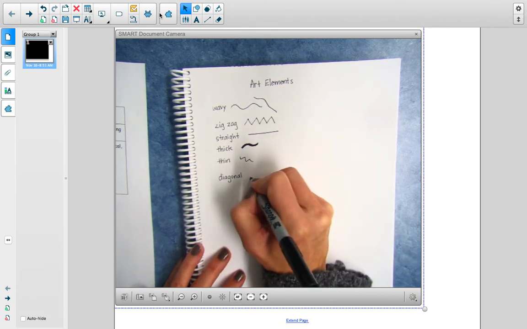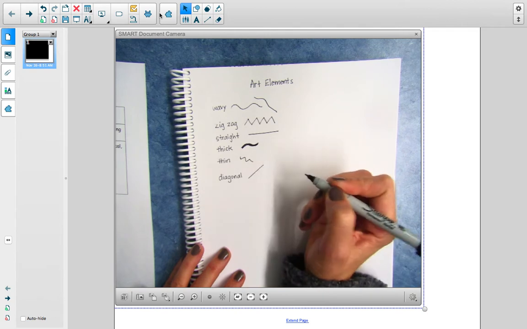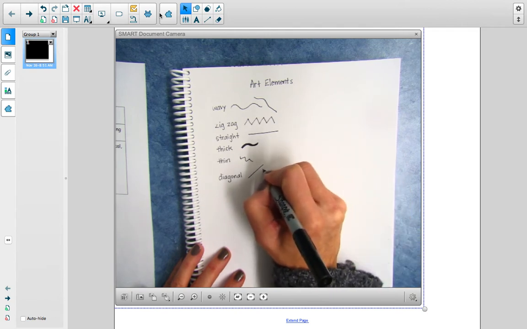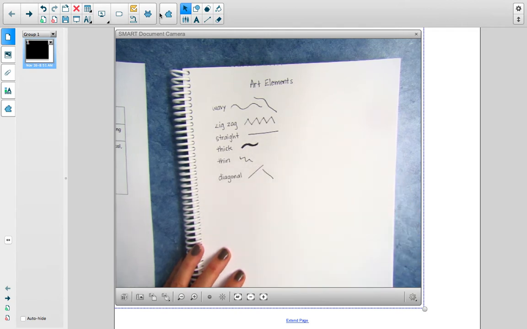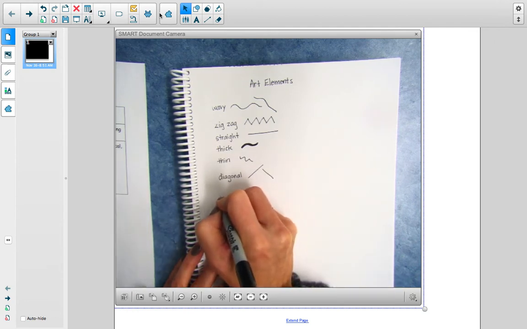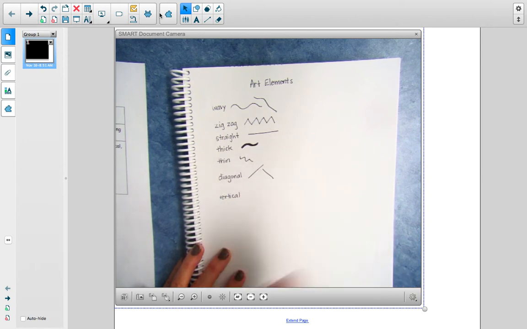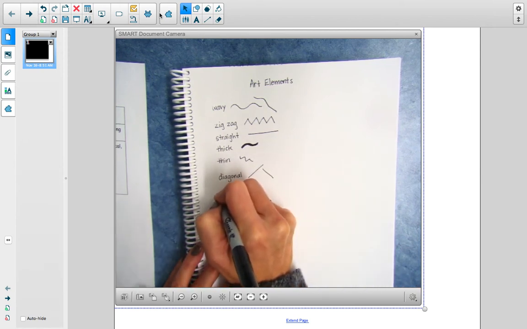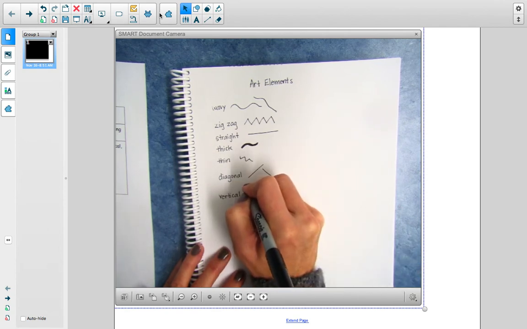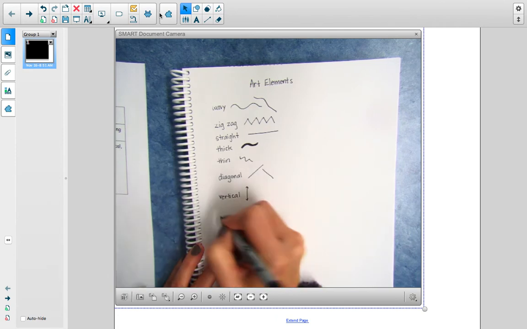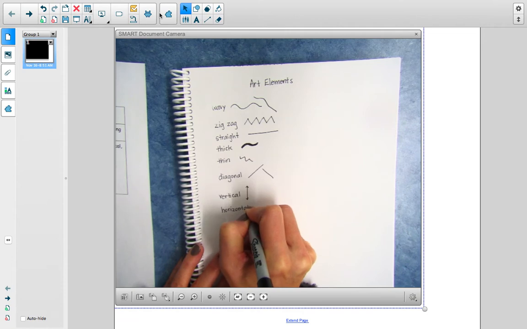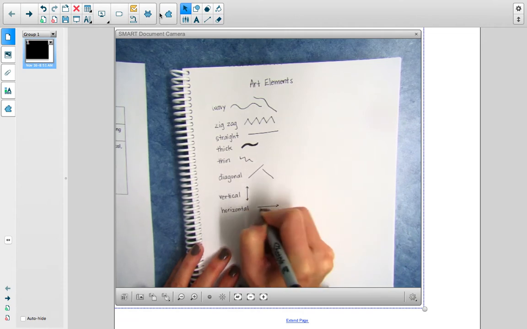So a diagonal is going to go either that way or this way. And then there is vertical, just like in our graphing, we have vertical is up and down lines, and horizontal is side to side.